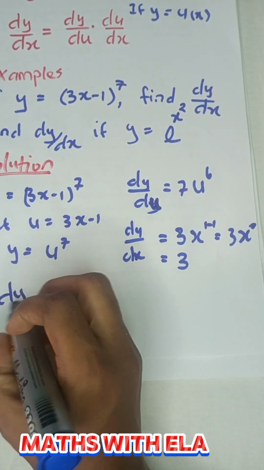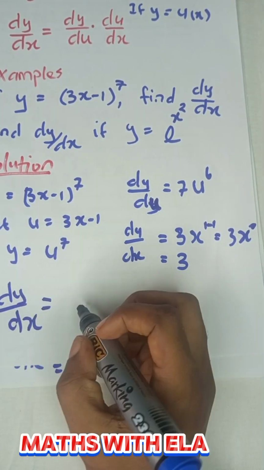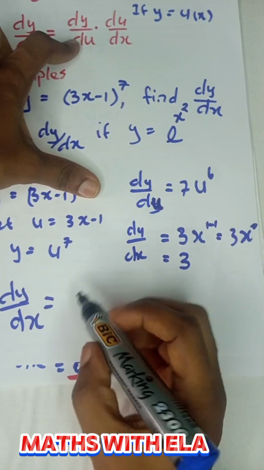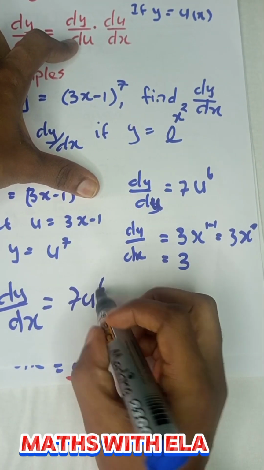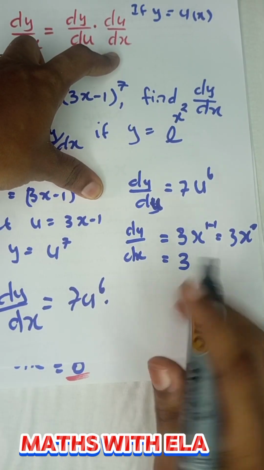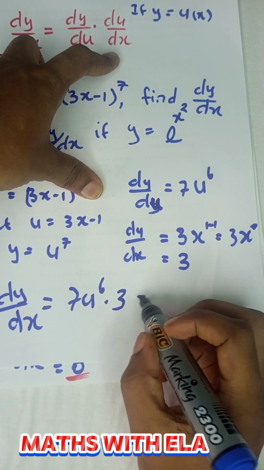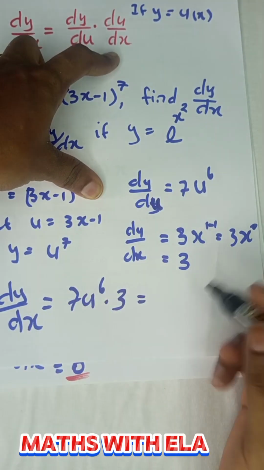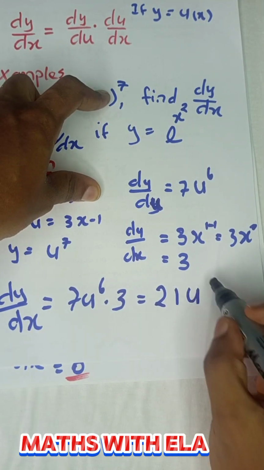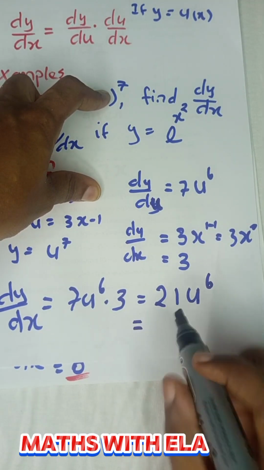Therefore, dy by dx will be, going by the formula, dy by du, which is 7u raised to the power 6, times du by dx. du by dx is 3. And that gives us 7 times 3, that is 21u raised to the power 6.